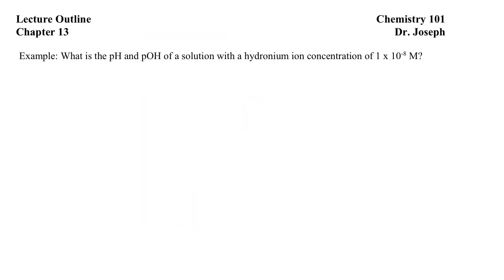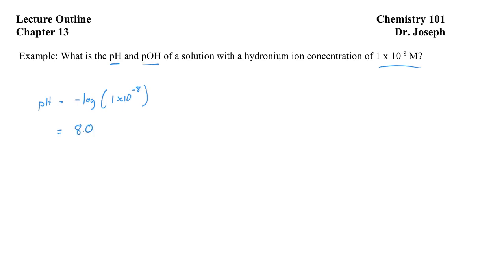So in this example, we are being asked for the pH and the pOH of a solution with a known hydronium ion concentration. So we have to start somewhere. Probably the easiest place with this is to simply convert the concentration of hydronium into pH. So we find the negative log of 1 times 10 to the minus 8, which turns out to be 8.0.